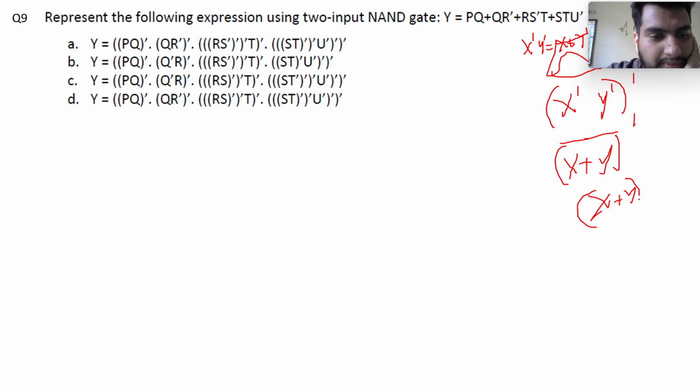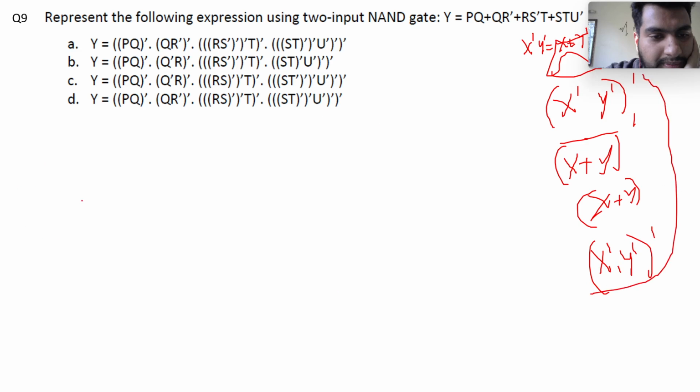So if I want to write x plus y using two input NAND gates, what I will do, I will write x complement, then AND with y complement, and then take an AND operation again. So this is essentially what we are doing here.